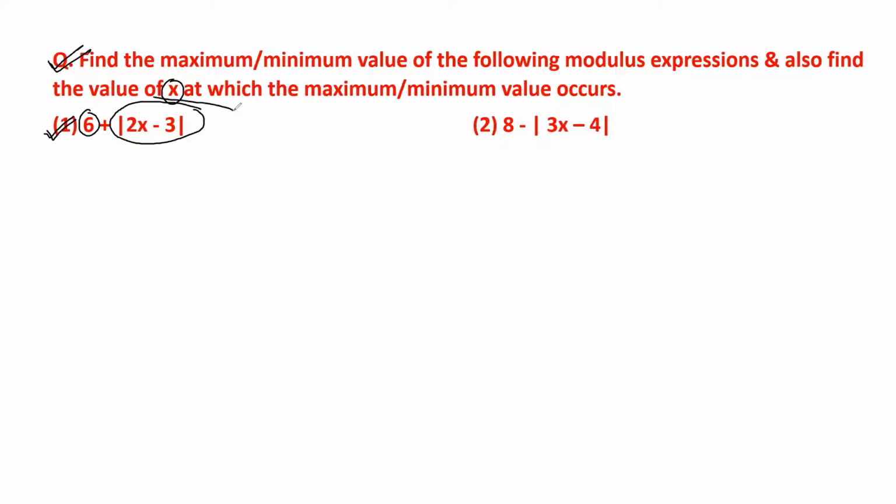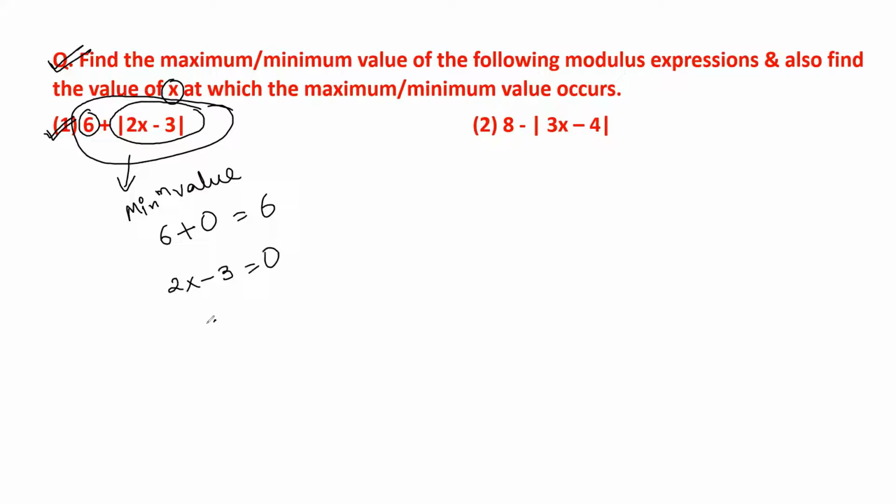So we can say that this complete expression will have a minimum value, and the minimum value would be simply 6 + 0, that is 6, because |2x - 3| will have the minimum value 0, and the point at which this minimum value will occur would be simply 2x - 3 equal to 0, that is x equal to 3/2. So the minimum value for this expression is 6, and the point at which it occurs is x equal to 3/2.